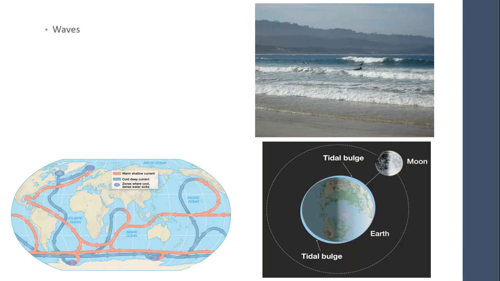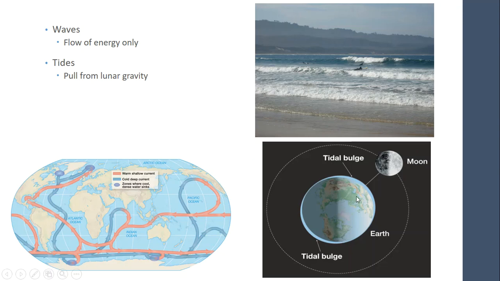So something else important to remember, waves, right, which we're very familiar with in Southern California. Waves are just basically a flow of energy. So it is kind of the water's response to wind. Tides are basically the pull from lunar gravity. And so what you have here is you get a high tide on either side of the planet here.